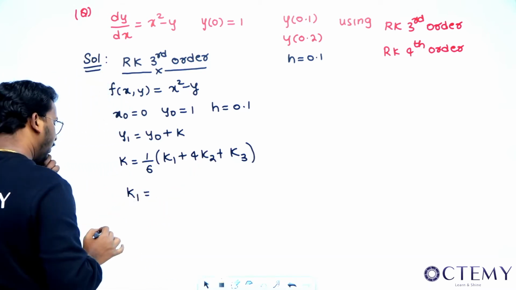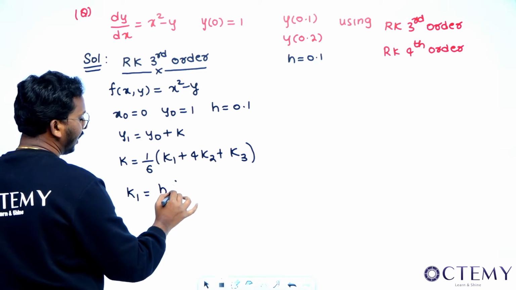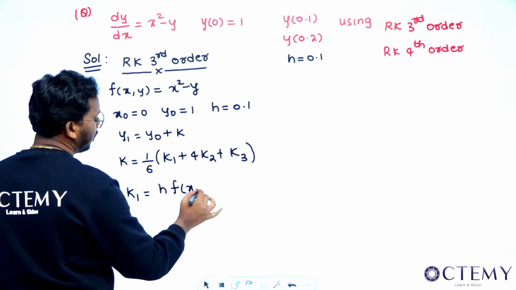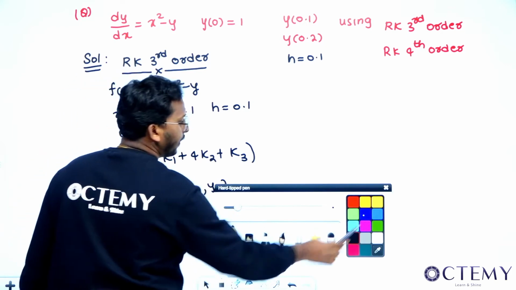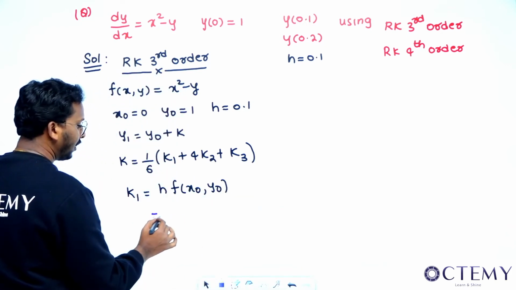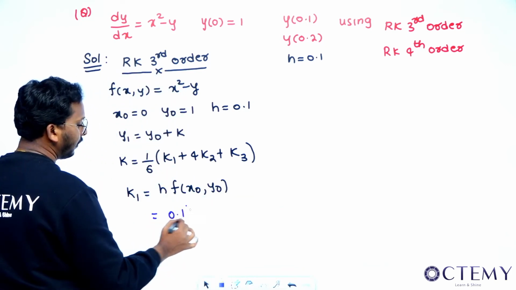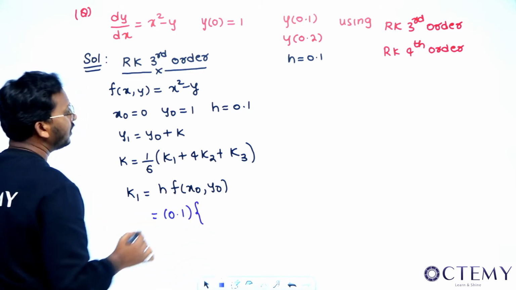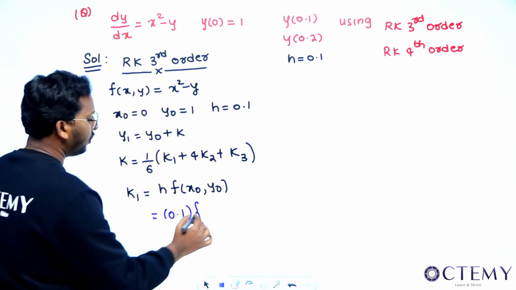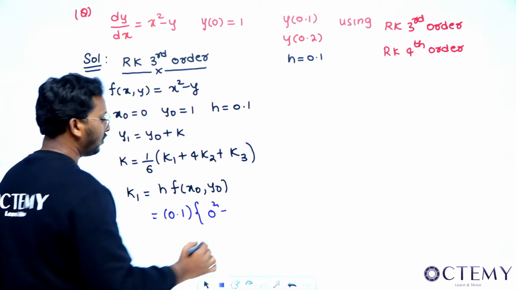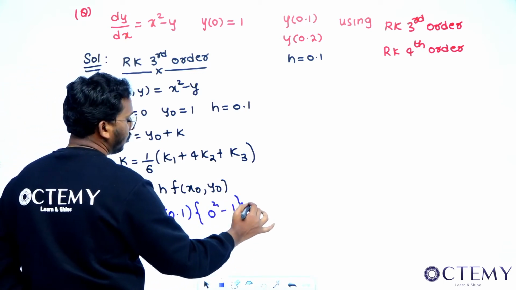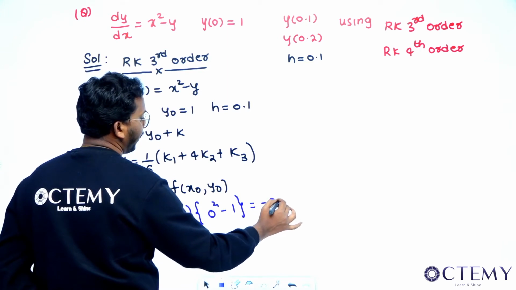Your k1 will be simply h f(x0, y0). If you substitute this, you get 0.1 into (0² − 1), so that will become −0.1.